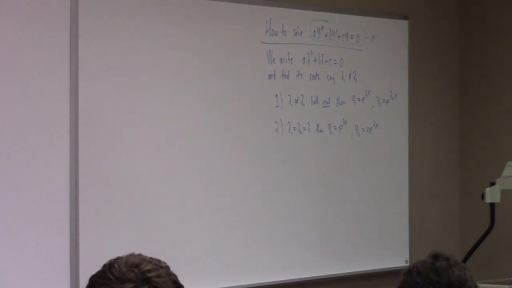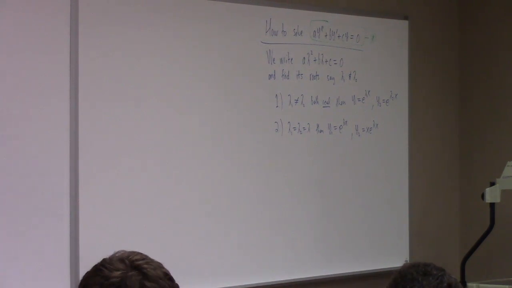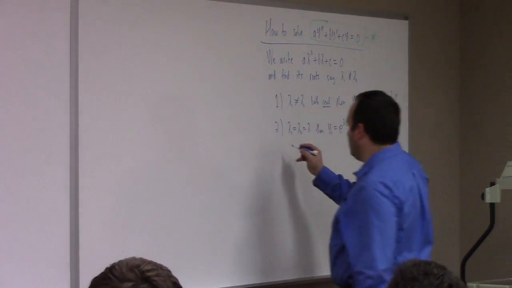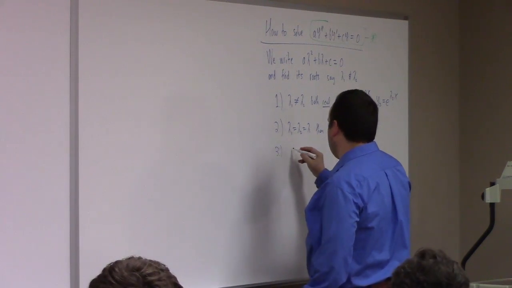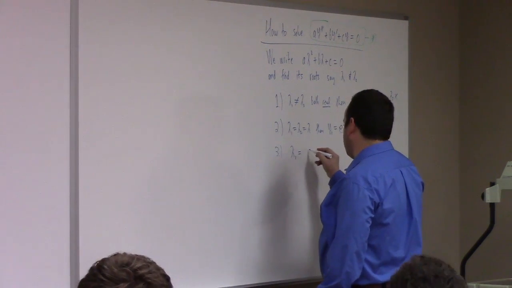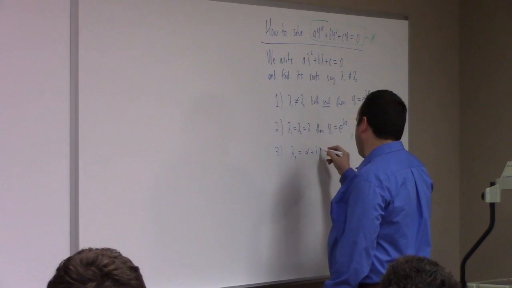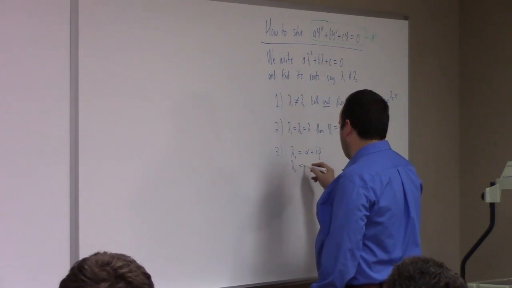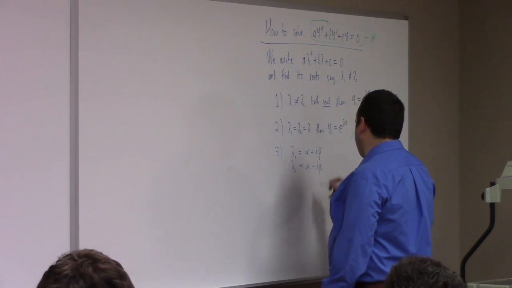What's the other possibility? Quadratic equation, you got three cases, right? Bounces off the real axis, cuts through the real axis two places, never hits the real axis at all if you think about y equals a quadratic, right? That third case is the complex case, right? You could have complex solutions. So step 3 would be lambda 1 equals, say, alpha plus i beta, and lambda 2 is equal to alpha minus i beta.